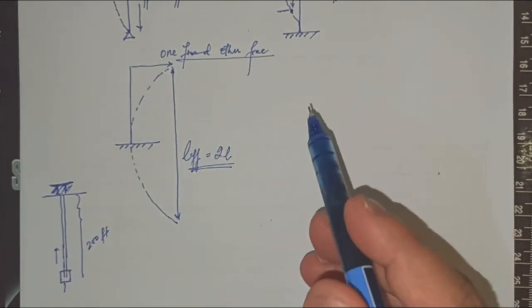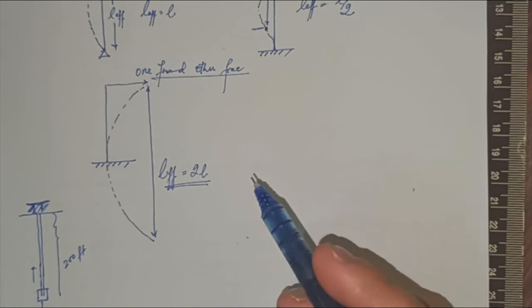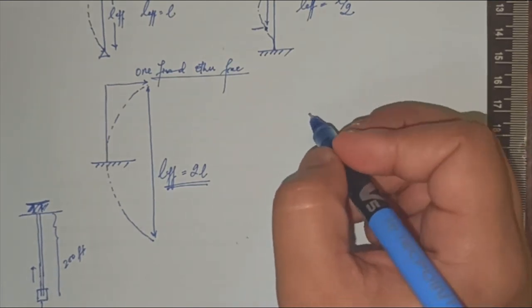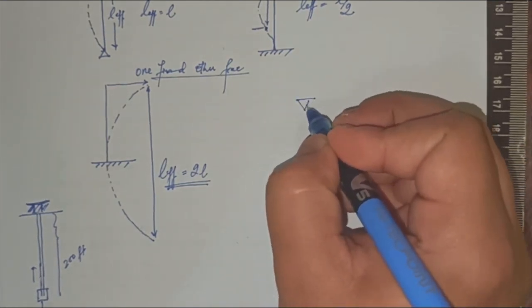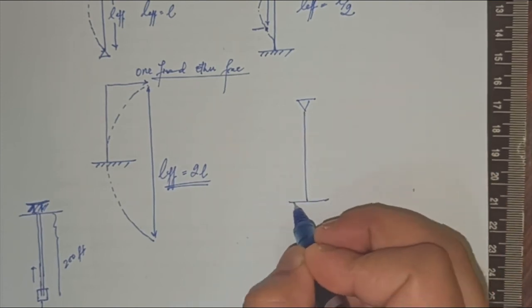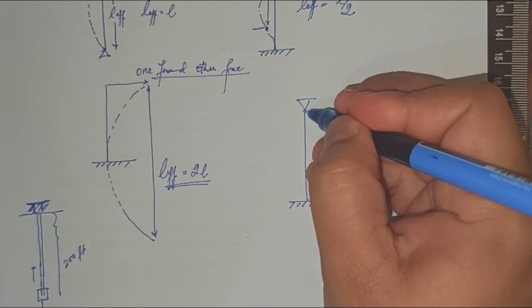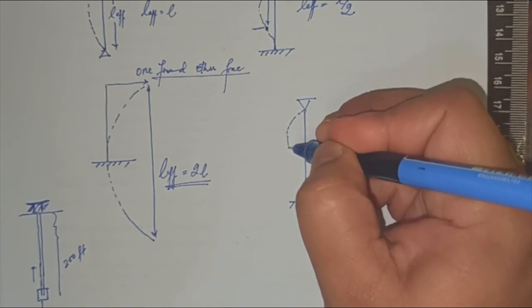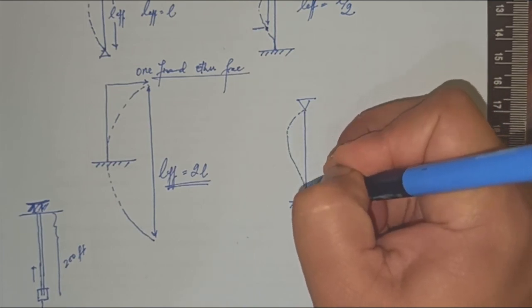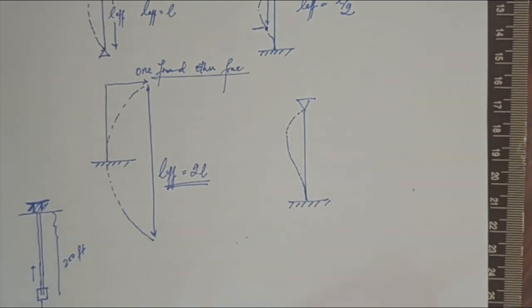In another case, one end fixed and another end hinged, we can have another condition in which this is hinged and another is fixed like this. So again, this is fixed and this is hinged, so it will take full length, and the fixed end is not allowing it to buckle.